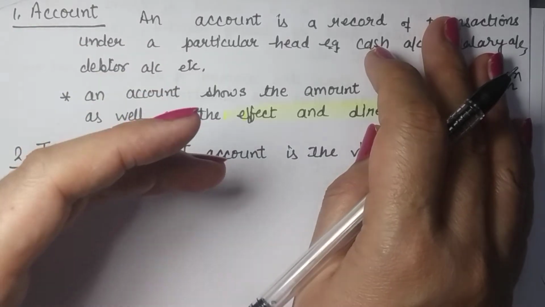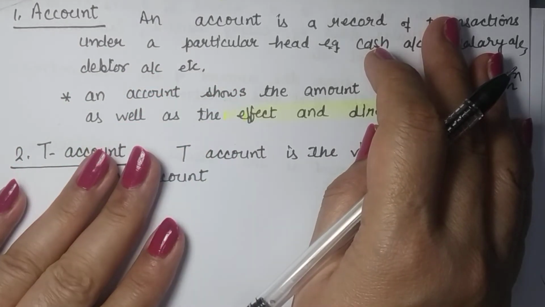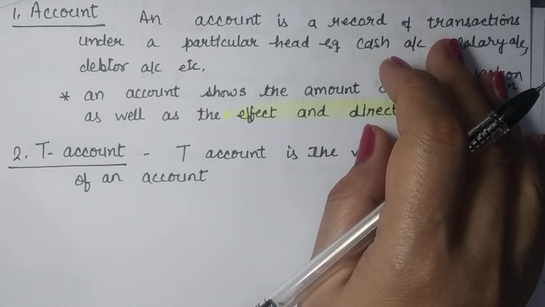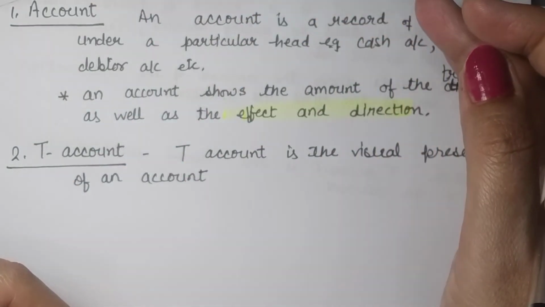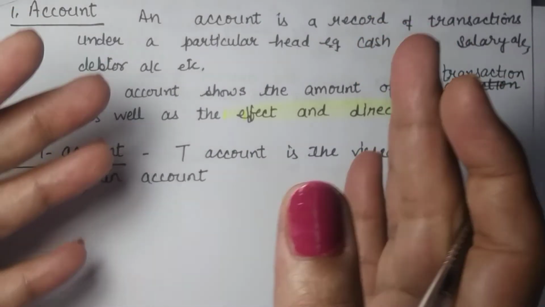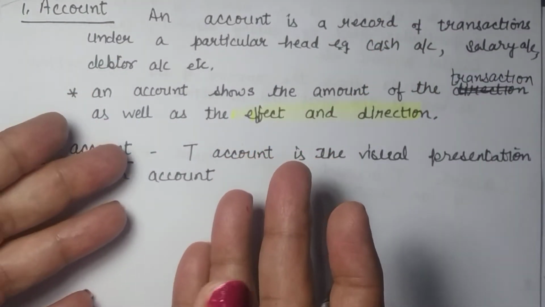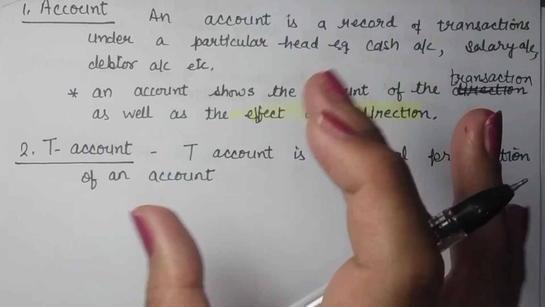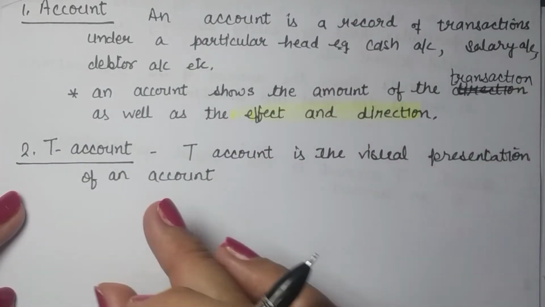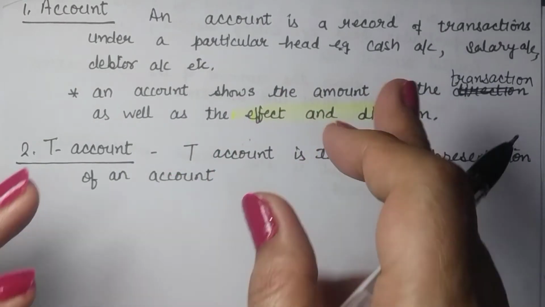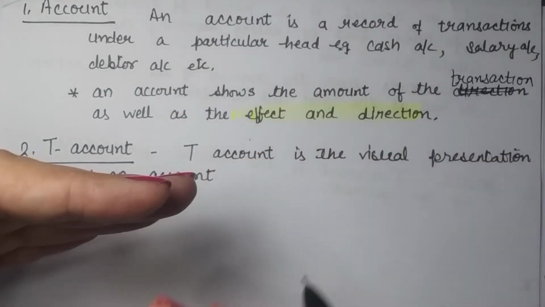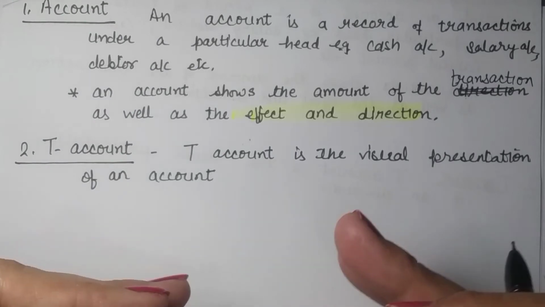So amount is 5,000. It will not only show 5,000 but it will also show the direction. Is it coming into the business or it is going out of the business, or what is the effect? It has increased your cash or it has reduced your cash, right? So it will show the transaction, its effect and direction. So the incoming and outgoing, plus or minus, that effect will be shown.